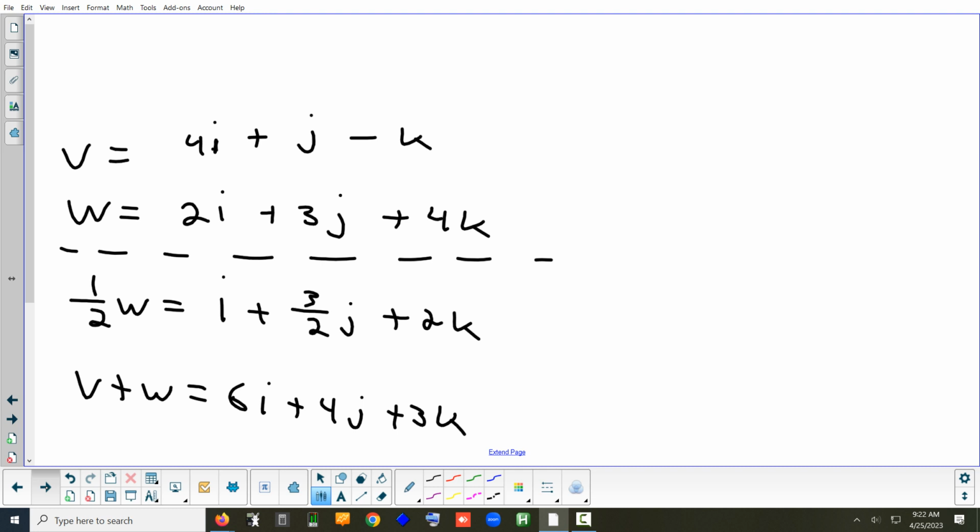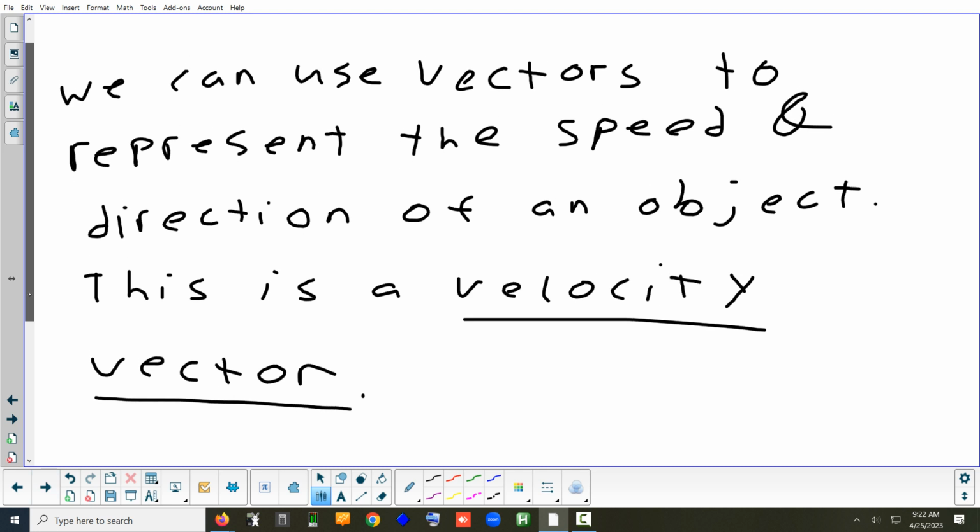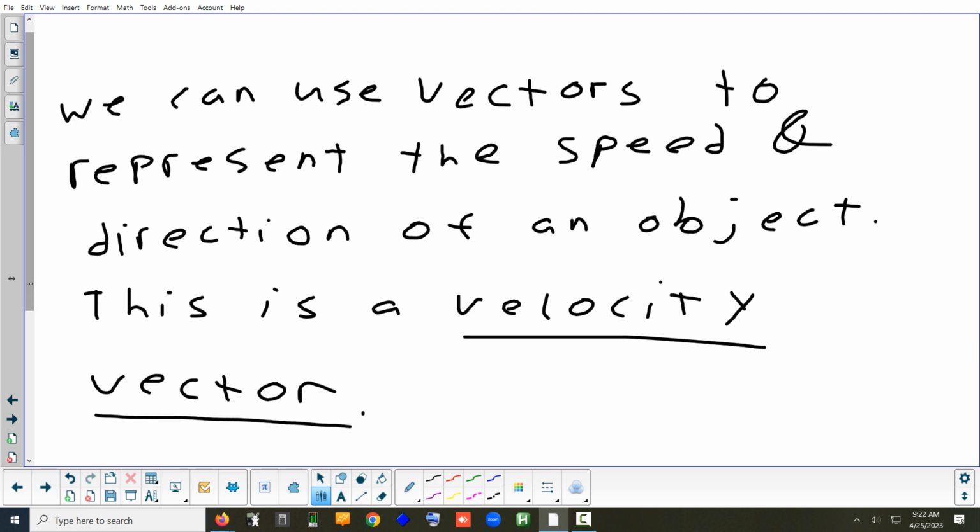Let's take a look at the last thing. We talked about two main things we can use vectors for. One of them I showed an example of was like some object moving. In particular, we looked at some airplanes.